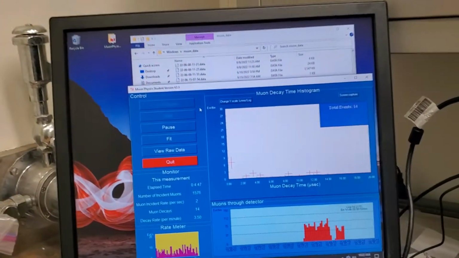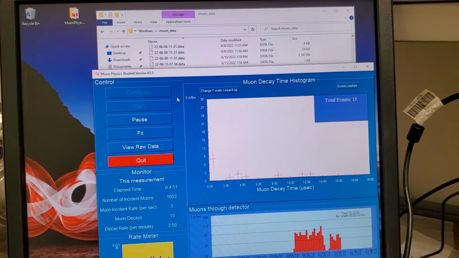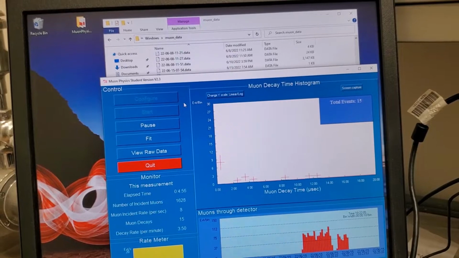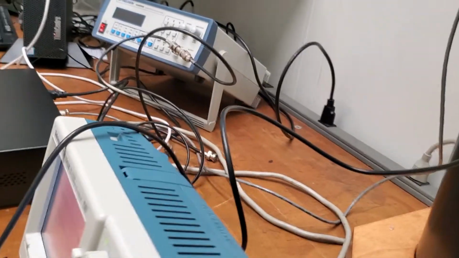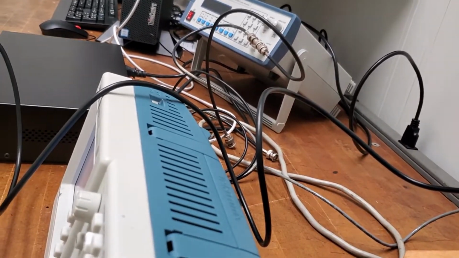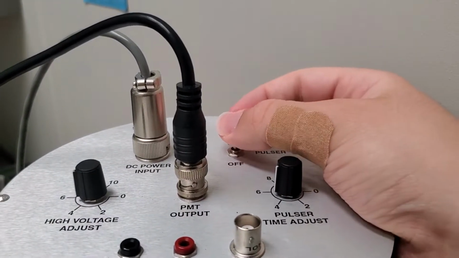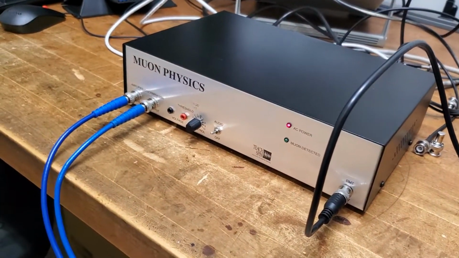And still getting the proper amount of decays. Same as before, same as in the other direction. Note that if the pulsar is on or off, it doesn't actually affect the rates at which muons are detected.